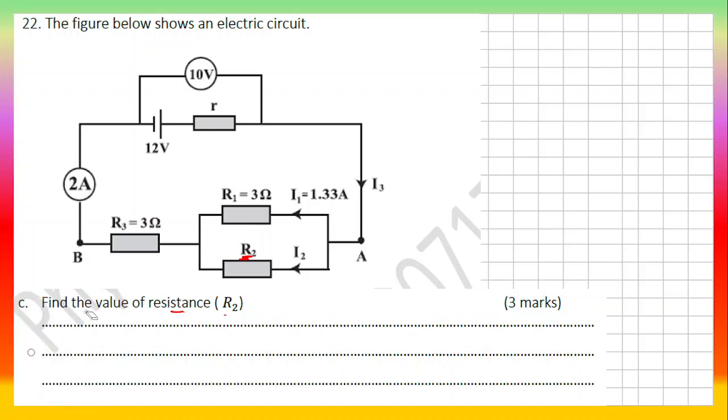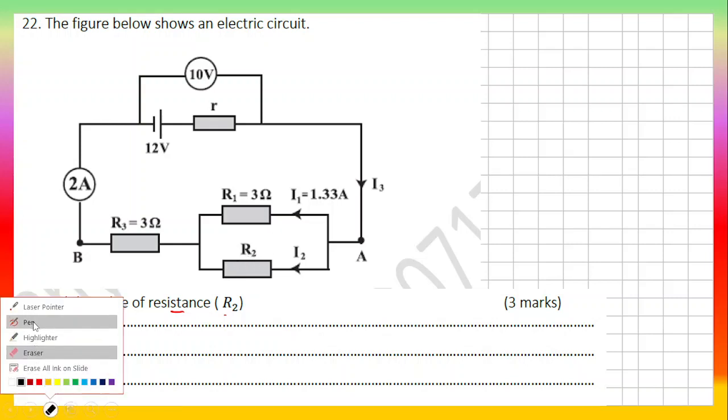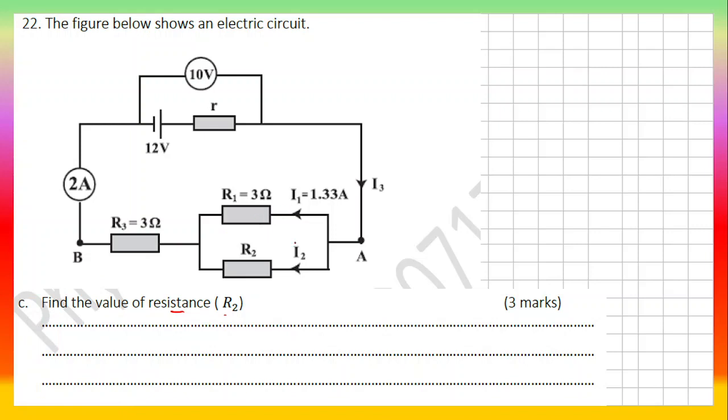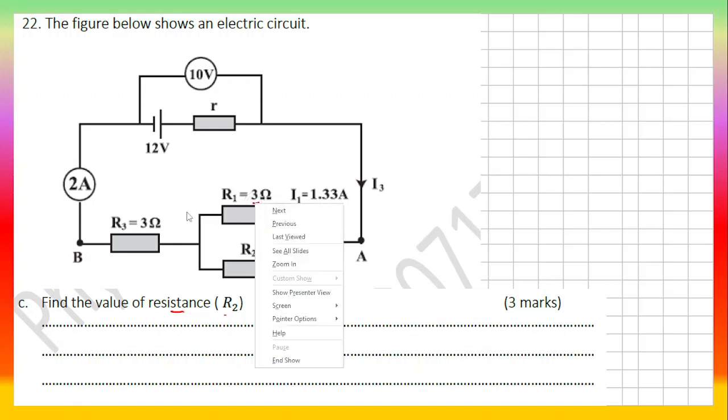Now R2 and R1, they are in which kind of connection? In a parallel connection, they always have the same voltage, the same potential difference.